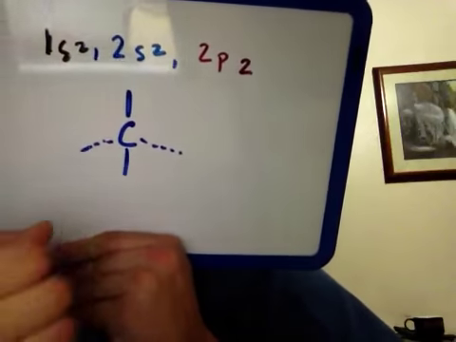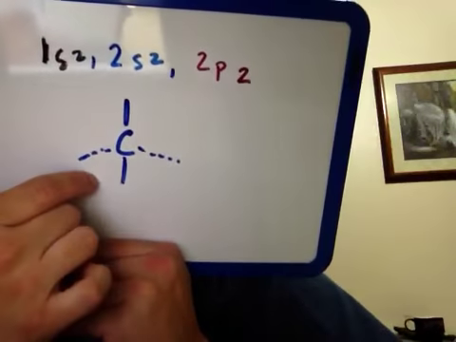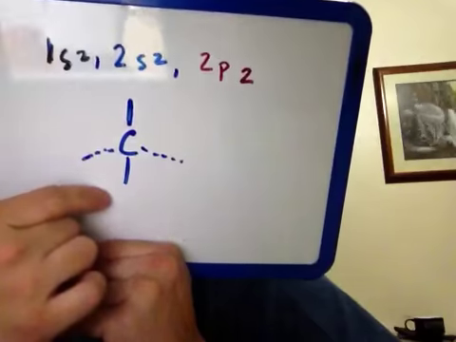I think it's about 106.9 or something like that. I'll actually look the actual angles up, and if I'm wrong, I'll correct that in the information box. But be that as it may, that's a very different geometry than we would expect if we just looked at the electron configuration of carbon.